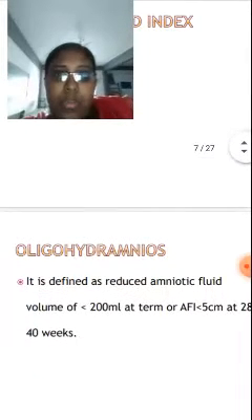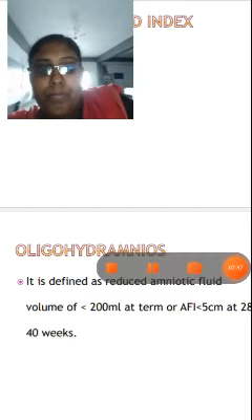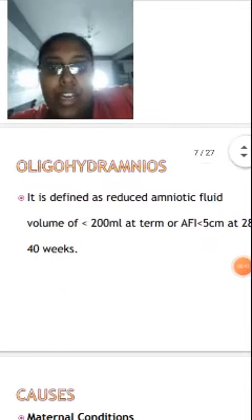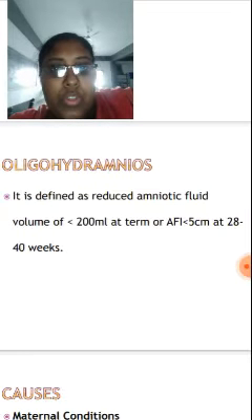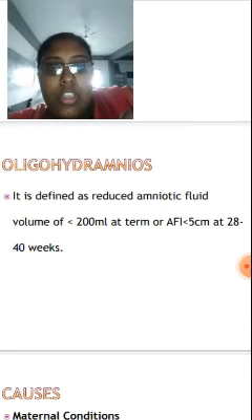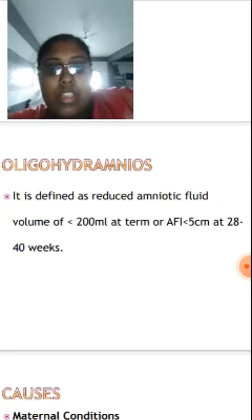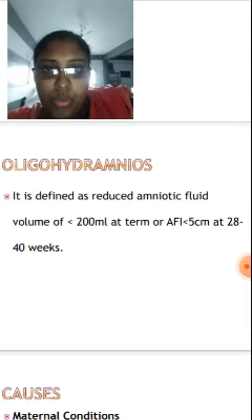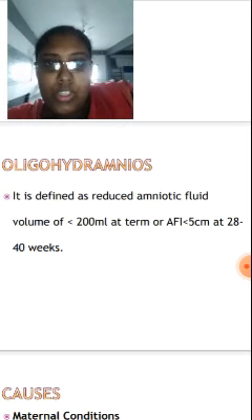Oligohydramnios is defined as reduced amniotic fluid. That means the amniotic fluid volume will be less than 200 ml at term, and the AFI, the amniotic fluid index, will be less than 5 centimeters at 28 to 40 weeks of gestation.